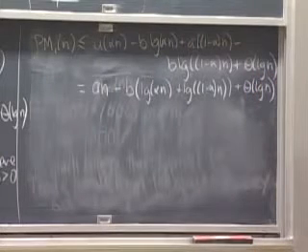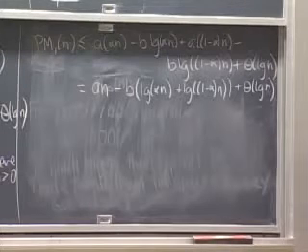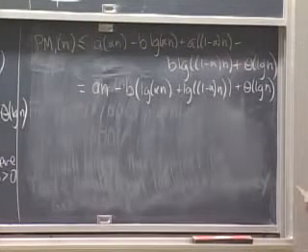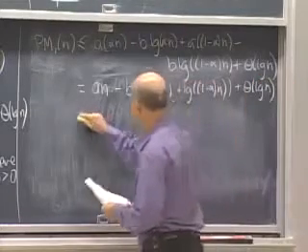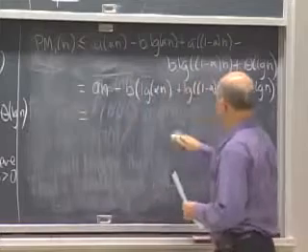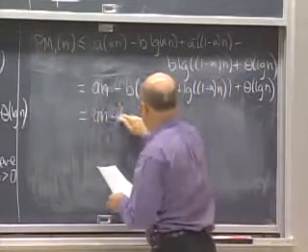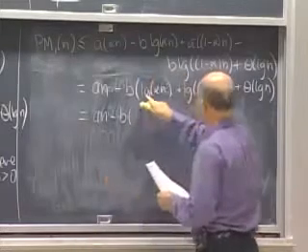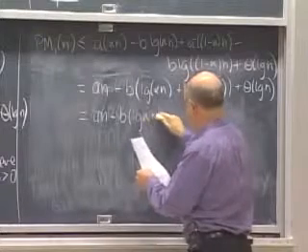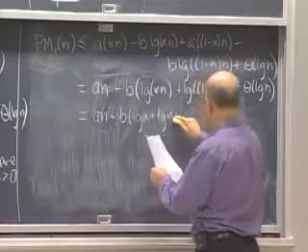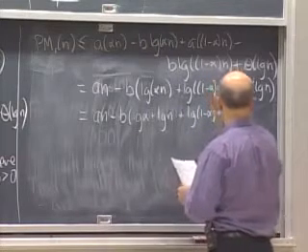Did I do that right? Does that look okay? Okay, so look at that. Now let's just multiply some of this stuff out. So I have a n minus b times, well, log of alpha n is just log alpha plus log n. And then I have plus log of 1 minus alpha plus log n.